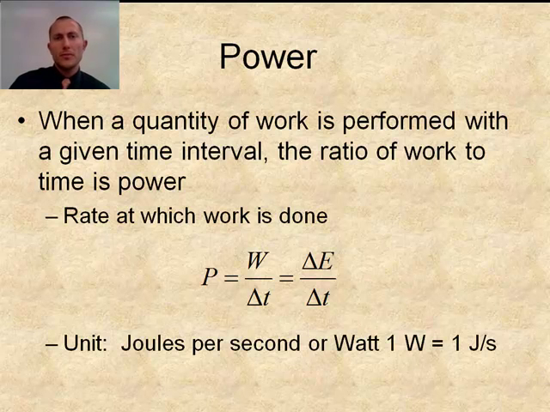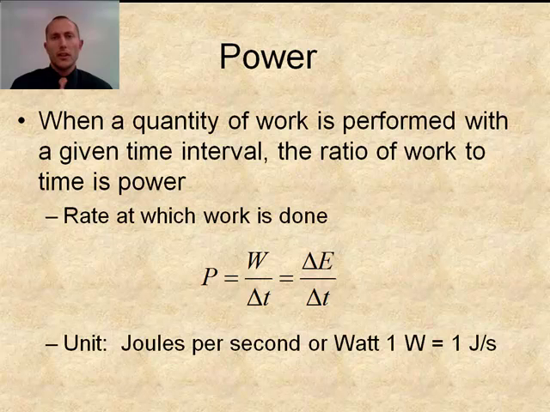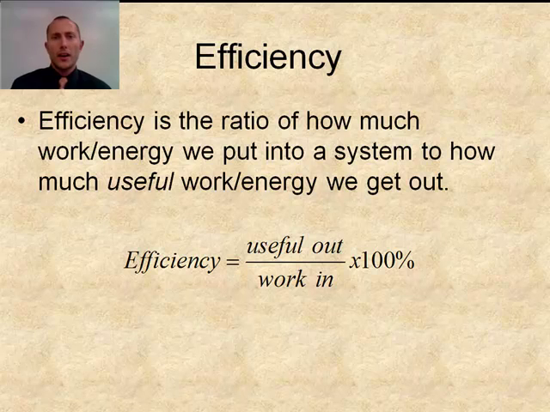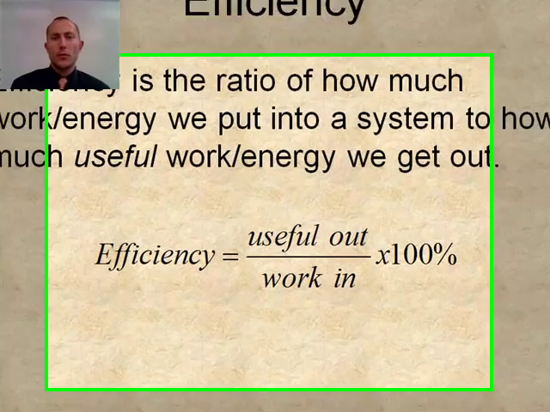Now those light bulbs, they convert a certain amount of electrical energy to light and heat, but realistically, particularly our incandescent light bulbs, the light bulbs with the filaments, are not what we call efficient. And when we're talking about the efficiency of an object, a system, an item, whatever it happens to be, a light bulb, what we're really talking about is the amount of useful work in compared to the amount of useful work out.